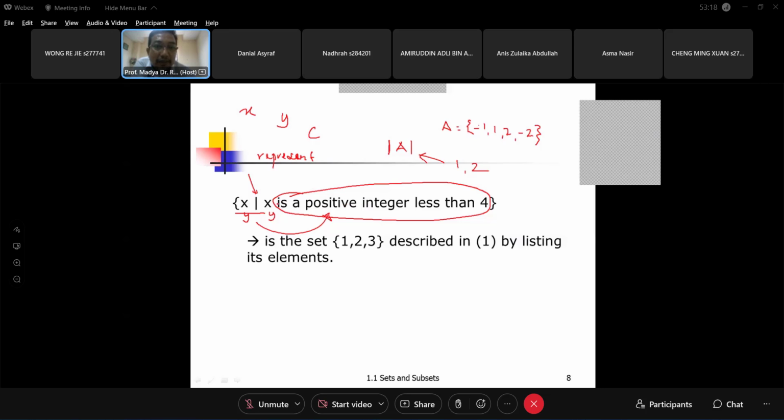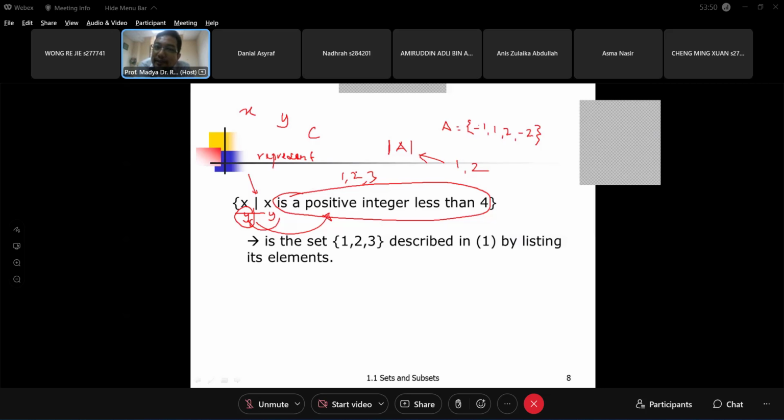In operation we use this, not this one. This just represents the numbers 1, 2, 3.